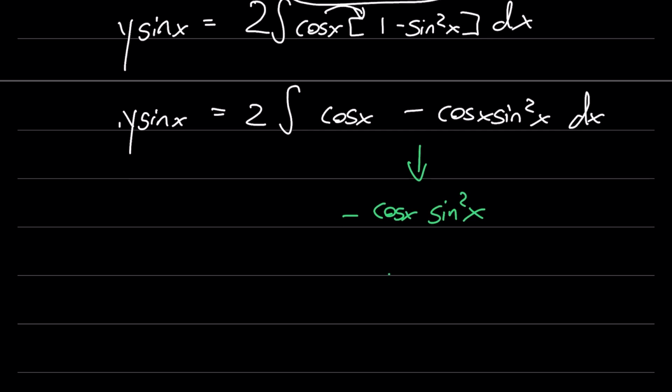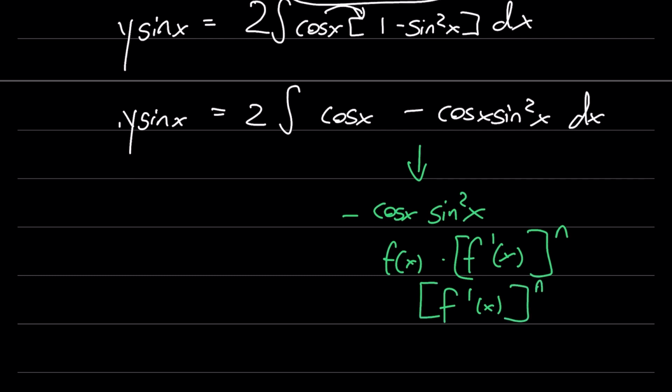So this follows the form where we're going to have f of x times f prime of x raised to the power of n. Now, this is another standard form you just have to learn. In this case, the standard form is f of x to the n plus 1 over n plus 1.